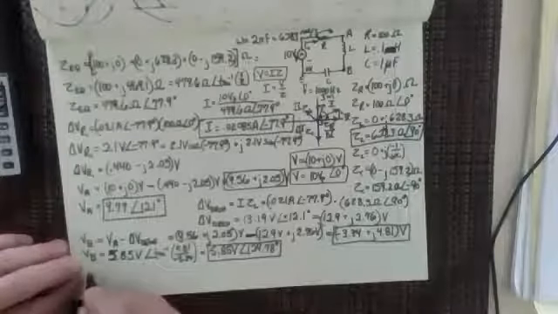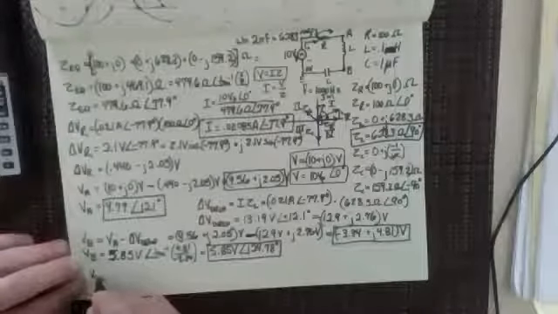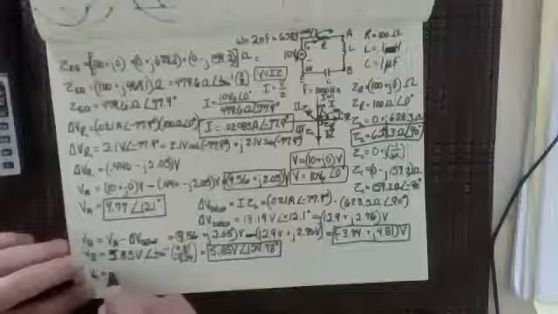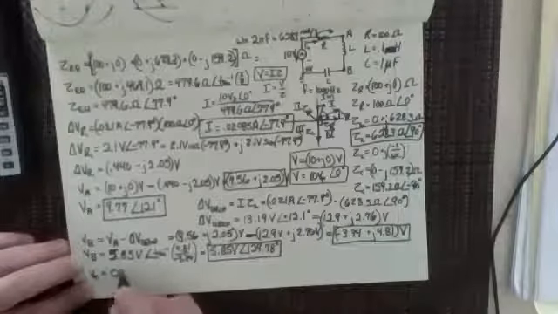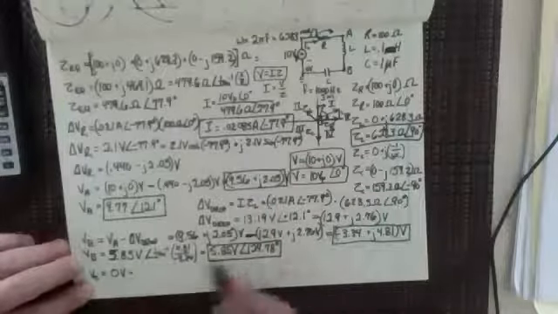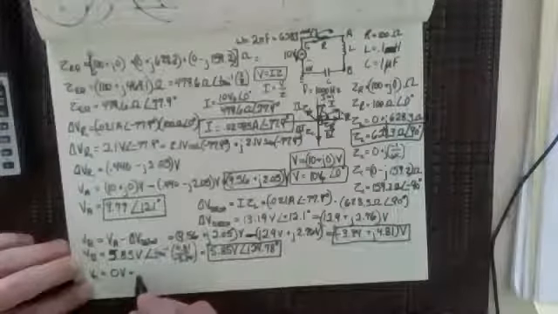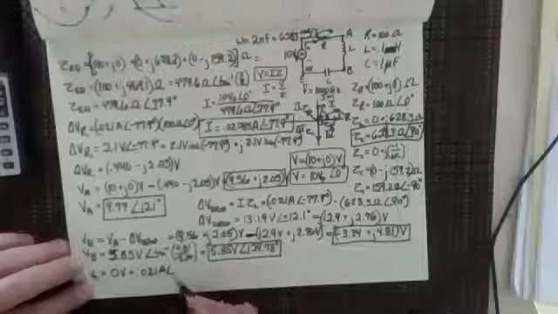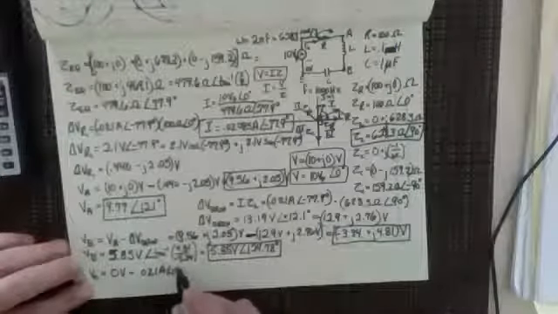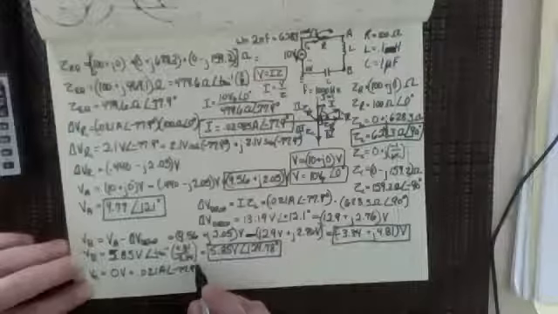So I've got the voltage at C is going to be 0 volts, right? Because I start there, plus the current, and we know what the current is. It's 0.021 amps at minus 77.9 degrees.